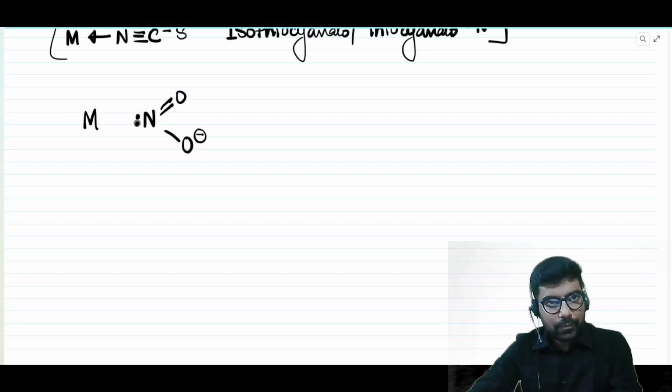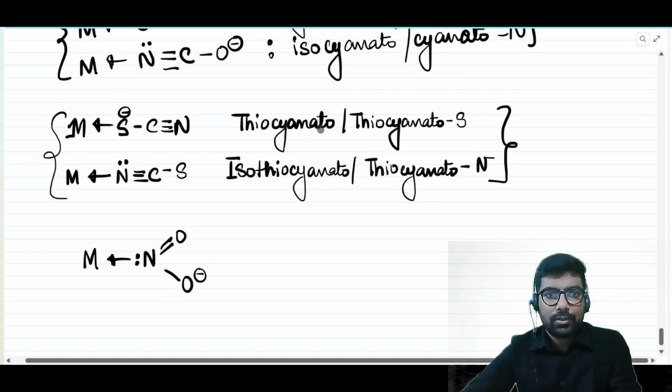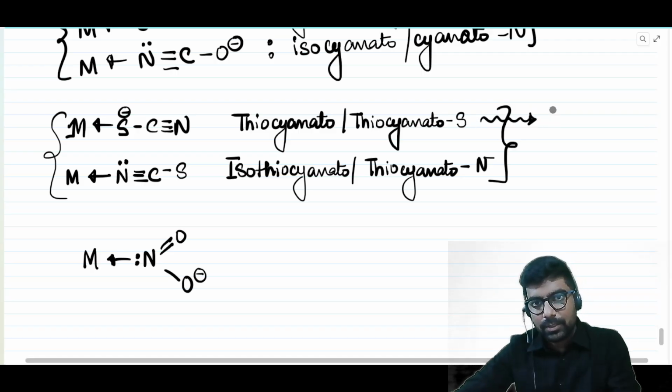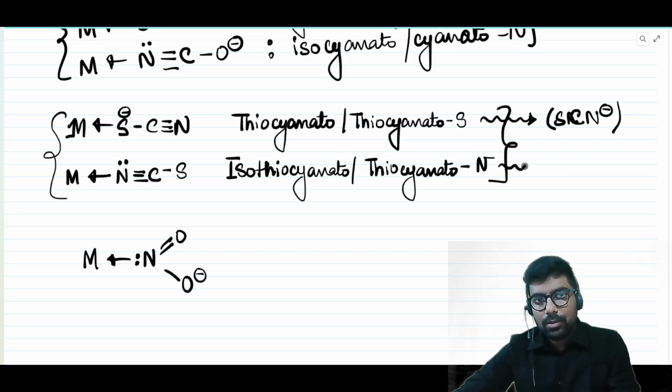Over here, the lone pair of nitrogen is acting as a binding site. The thiocyanate is SCN basically. Whenever we write SCN minus, it is thiocyanato, and whenever we write NCS minus, it is isothiocyanato.